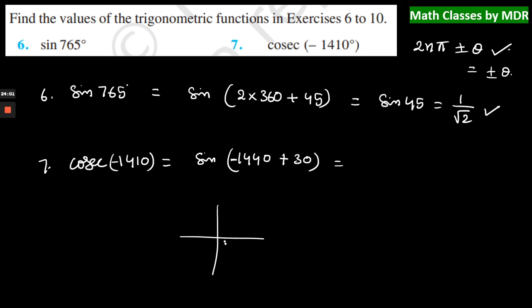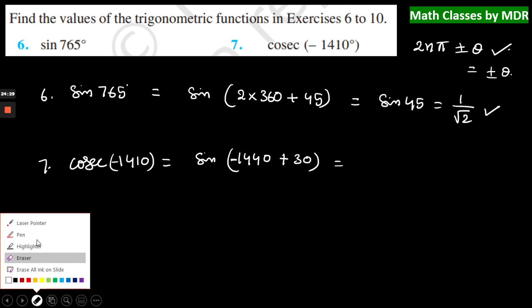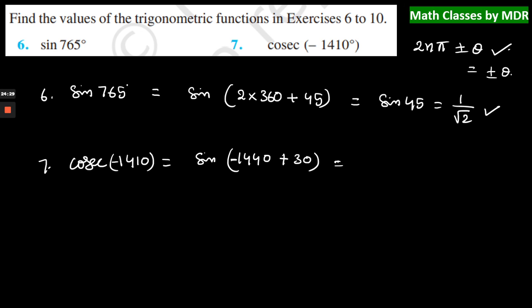Whenever you take a ray, let's say it starts from here, it is some 30 and then 60 and then 90, 135, 180 and then 210, 270 and then 300 and then 360. So whether you go in the anti-clockwise direction or clockwise direction, for every 360 it comes back to its initial state, so that after 4 360s the value remains the same as the θ you have here.